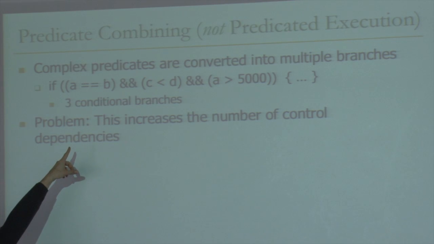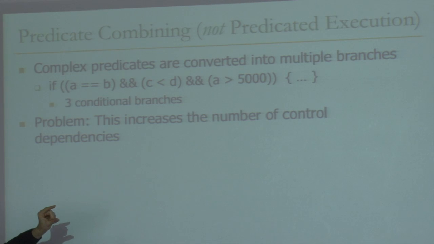Then it can test if C is not less than D, and have another branch for jumping out of the loop. And the compiler can test if A is not greater than 5,000 and have another branch test that condition. So you can have 3 branches testing that condition and jumping out of the loop. And if all of them fall through, you can execute that.